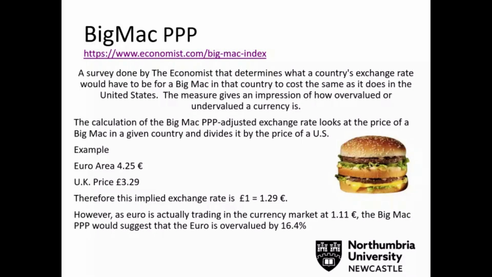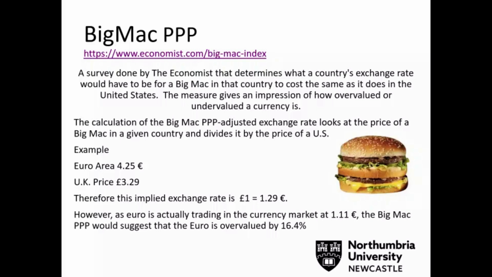However, the actual exchange rate suggests that £1 buys you 1.11 euros. Therefore, the euro is actually overvalued by 16.4% because the Big Mac is more expensive in Europe relative to the UK for the given exchange rate between the two currencies.